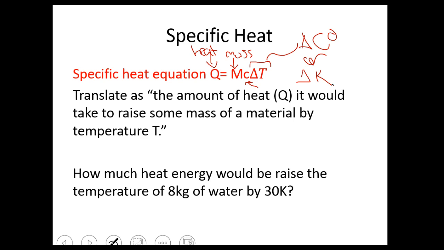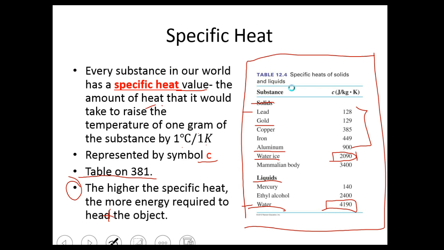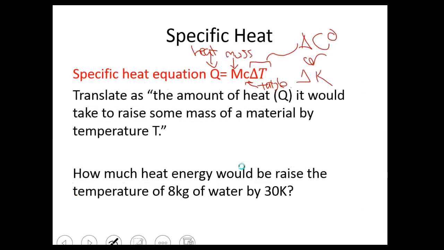This is the amount of heat required to raise some mass of a material by temperature T. And the C, you will always get from that table, depending on the substance. If we're talking about aluminum, then you'll use the aluminum specific heat. If we're talking about a mammal, then we'll use the mammal specific heat. All right, so let's practice.